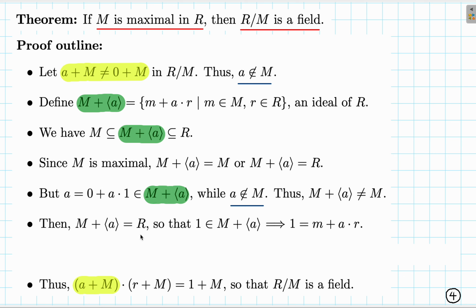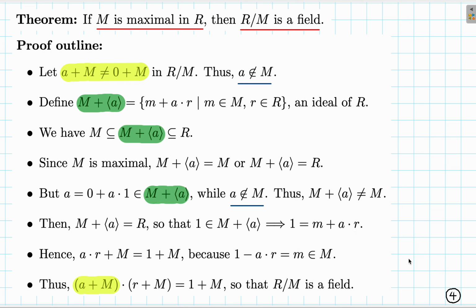Now, R is the whole ring, so in particular, it contains the multiplicative identity element 1, and therefore 1 is also contained in M plus ⟨A⟩, which implies that we can write 1 as little m plus A times little r, where little m is in the ideal capital M, and little r is in the ring capital R. And therefore, we conclude that the cosets AR plus M and 1 plus M are equal to each other.